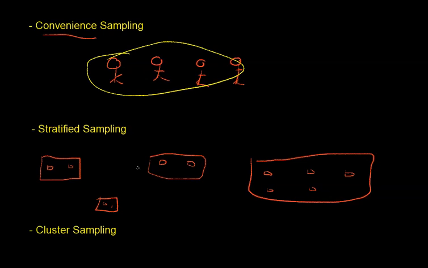You could randomly sample the same number of students from each of the schools, or you could do a different number from each, just as long as you have set your groups up ahead of time, and then you're randomly sampling from within each of those strata. Okay, so say I'm going to get 5 students from this school, 5 students from that school, 5 students from that school, 5 students from that school. I'm going to randomly select those 5 students from within those groups. That would be stratified sampling.